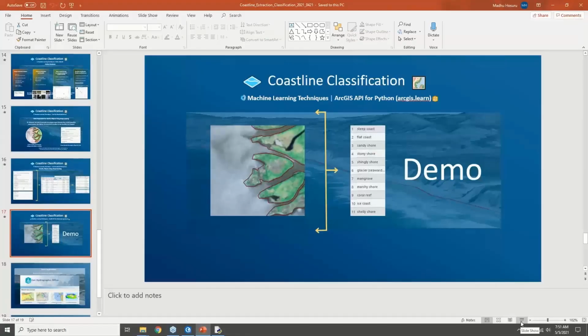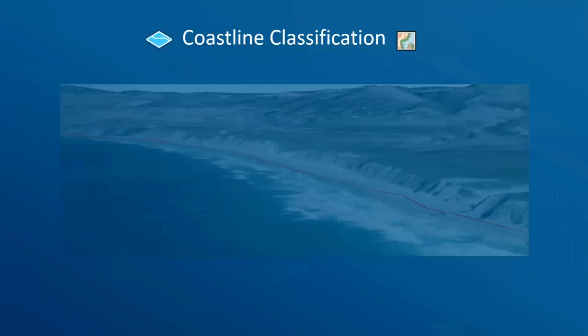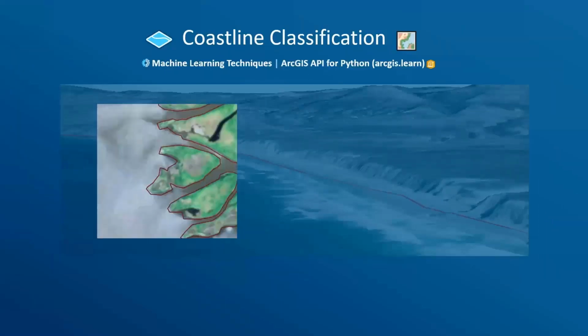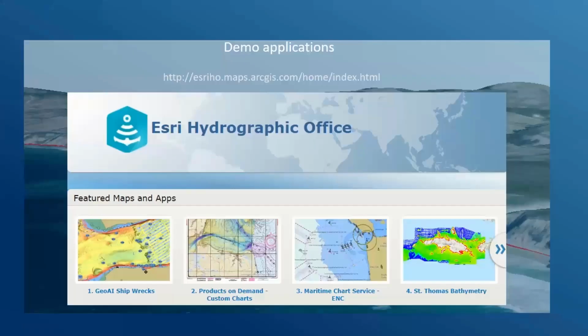So with this, let me take you back to my slide deck. And also, I would like to give a quick update on the demo application available on Esri Hydrographic Office. And as Steve mentioned earlier, last year we had a webinar and the demo app also deployed here, GeoAI Shipwrecks.